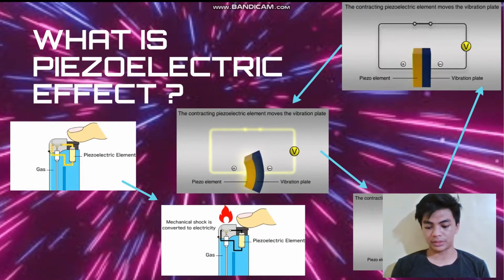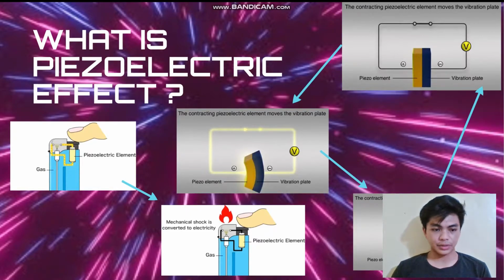Some of the materials that exhibit the piezoelectric effect are quartz, Rochelle salt, polarized barium titanate, ammonium dihydrogen phosphate, ordinary sugar, and a lot more. As you can see on the screen, the lighter works using the concept of the piezoelectric effect. When pressure is applied to the piezoelectric element, mechanical shock is converted to electricity, hence the lighter lights up.